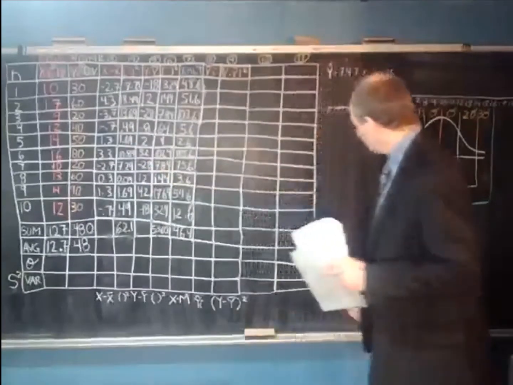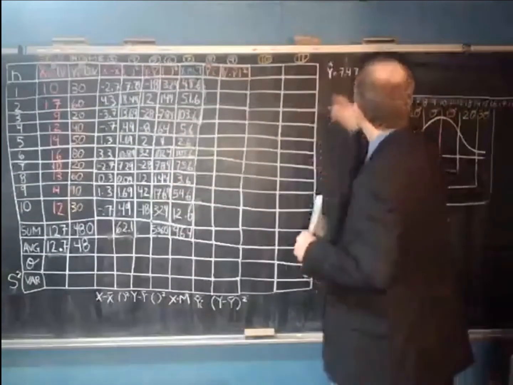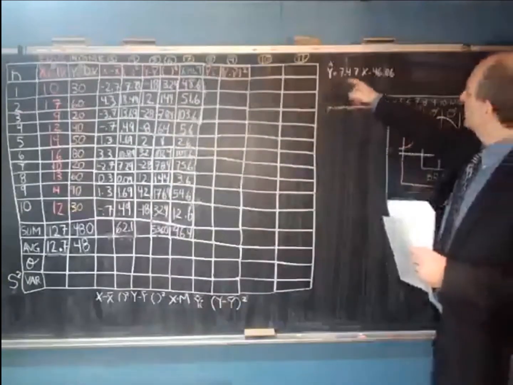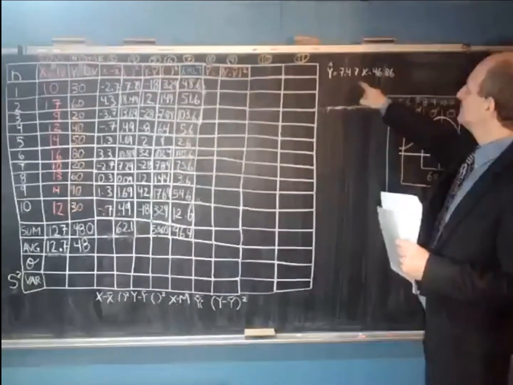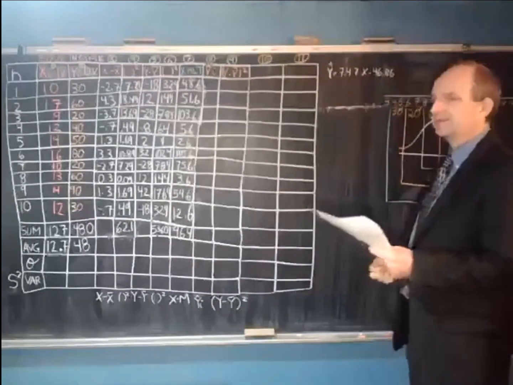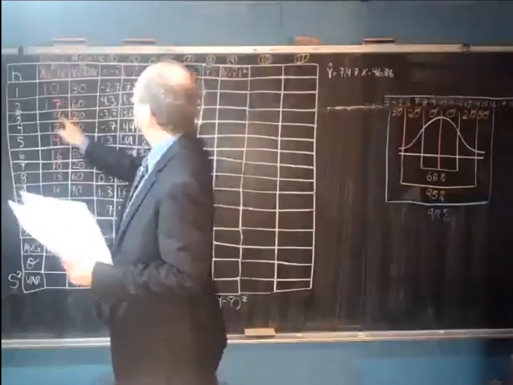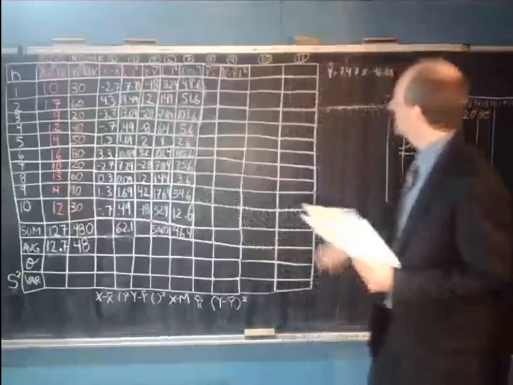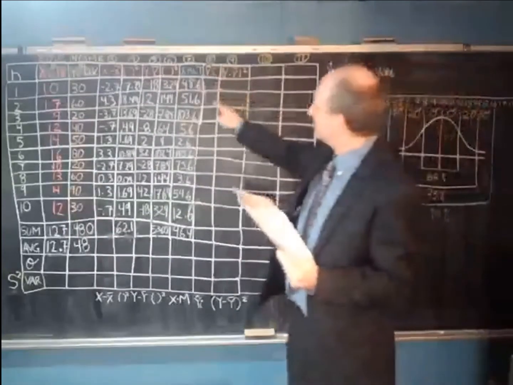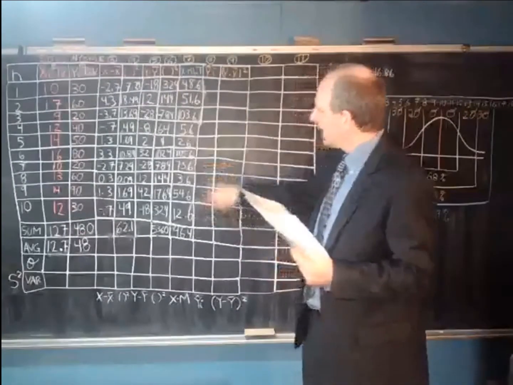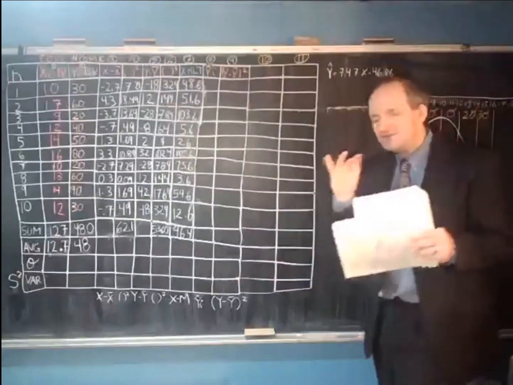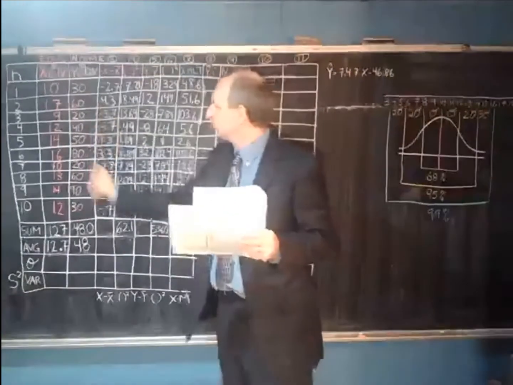So we take our original formula, which is y hat equals 7.47 times x, that's the slope, minus 46.86, and we're going to insert each of the original independent variables, and that's going to give us a predicted value for y. Now that predicted value is almost never going to be the same as the actual y value.